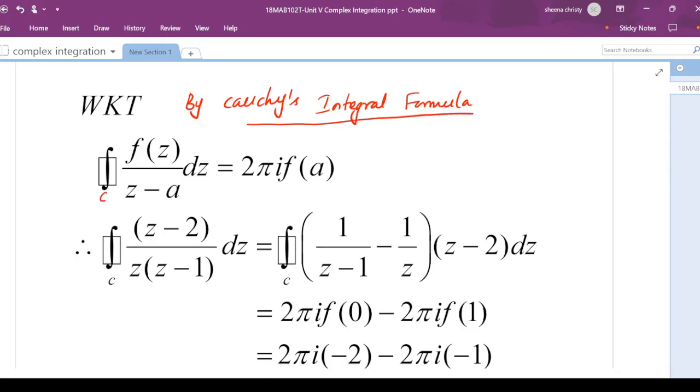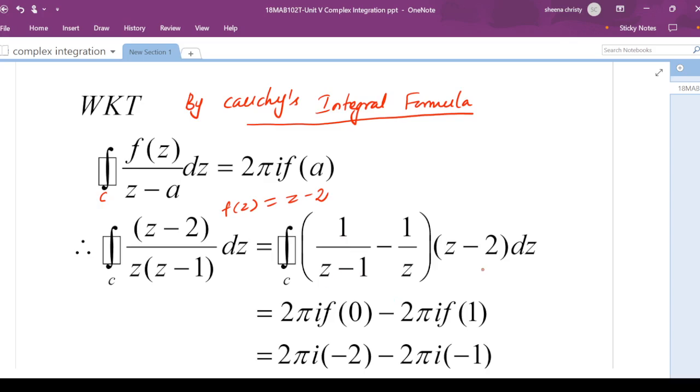So here, what is f of z? f of z we are going to consider as z minus 2. Integral over C, by making use of the partial fraction method, you can have minus 1 by z plus 1 by z minus 1, into z minus 2 into dz.